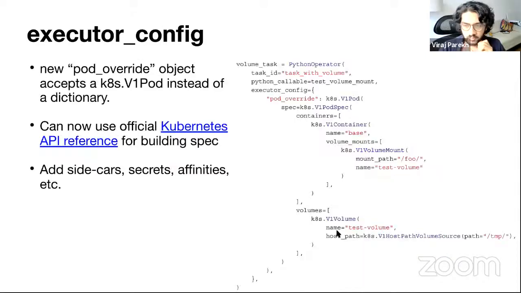So with the executor config, we now have what's called the pod override object. For those of you who have used the Kubernetes executor for a while, I'm sure you know there's this executor config object that is essentially just a dictionary, and that dictionary is all custom stuff to Airflow. So you can change some things and some things you can't change.